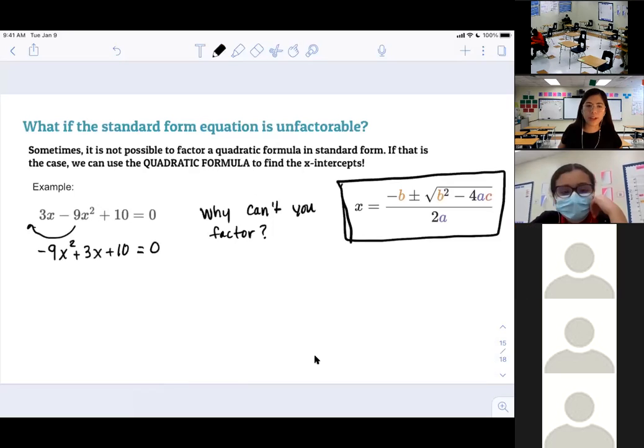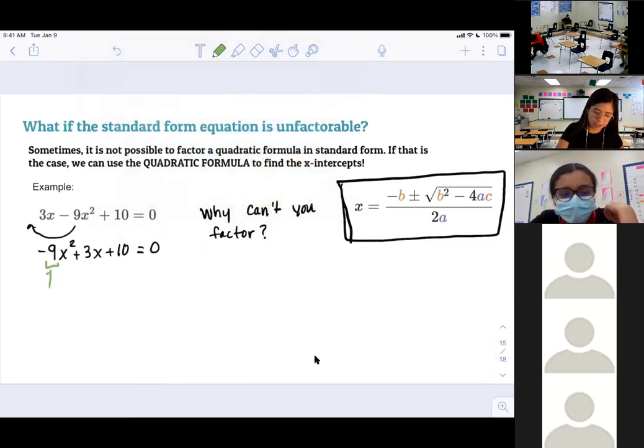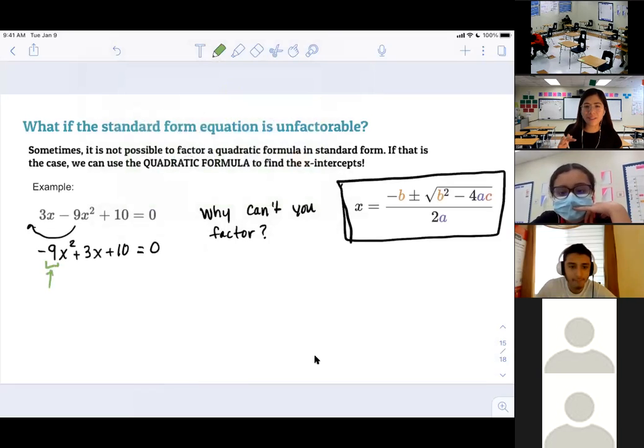It's in standard form. So the leading coefficient is negative 9, right? You can only factor it in this class. In Algebra 2, it's going to be a different story.